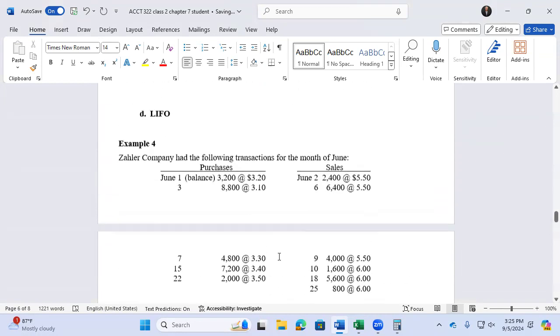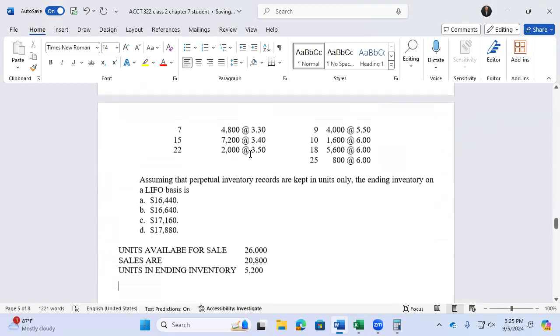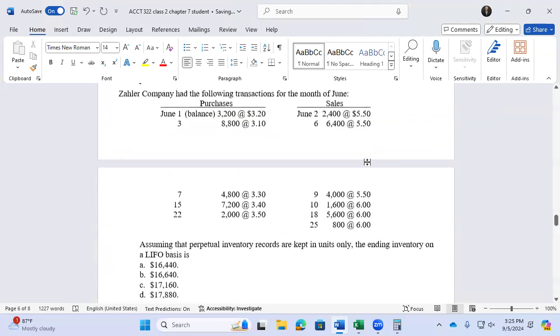So working our way backwards, last in, first out would be 3,200 and then a portion of 2,000 of the third. So you have beginning inventory, all 3,200.